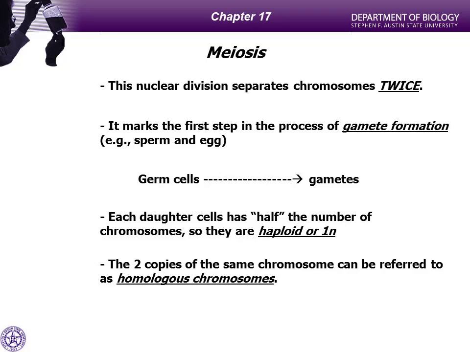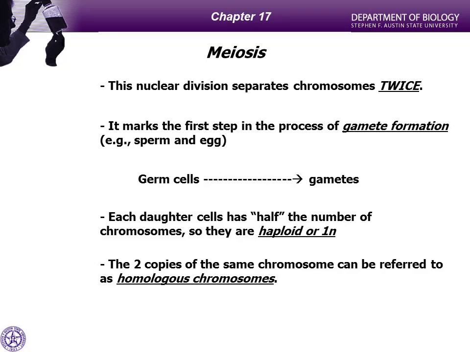Pardon me. I like to think of it, and write this down somewhere. I like to think of meiosis as a reduction division. In mitosis, we started with a parent cell that had 46 chromosomes. How many chromosomes does each daughter cell have after mitosis? 46, correct? Cloning.